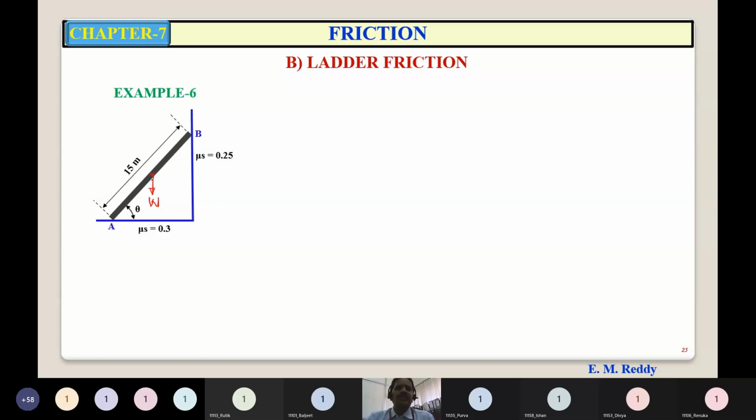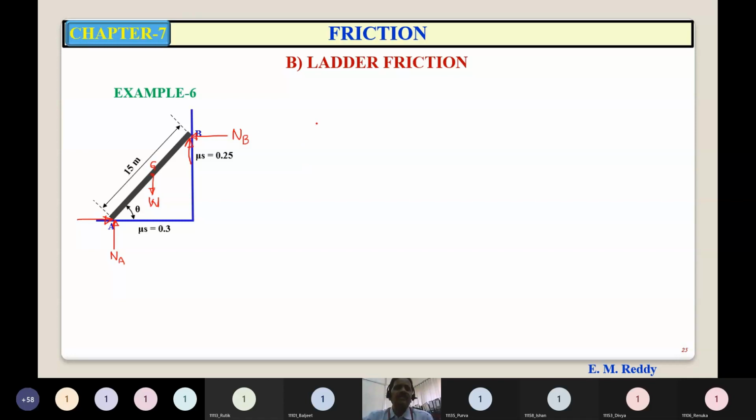So let the weight of the ladder be W, acting at the center of gravity of the ladder. The horizontal floor will exert a normal reaction NA. The vertical wall will exert a normal reaction NB. And as the ladder is tending to slip downwards, the friction force at B will act upwards, whereas at A the friction force will act towards the right.